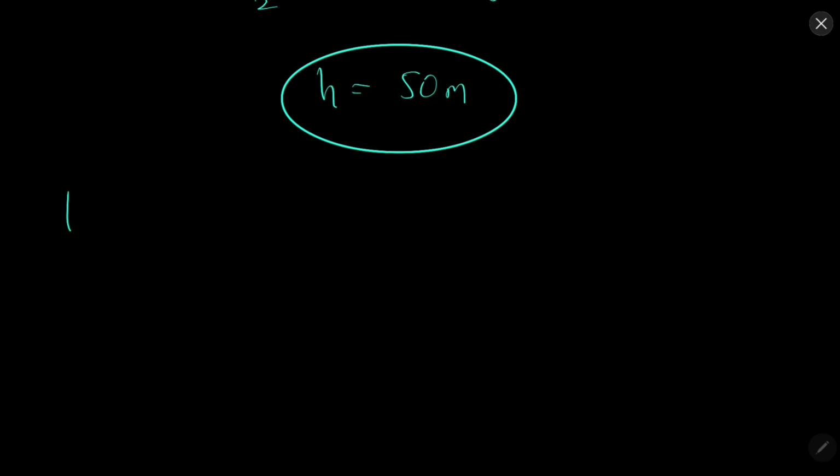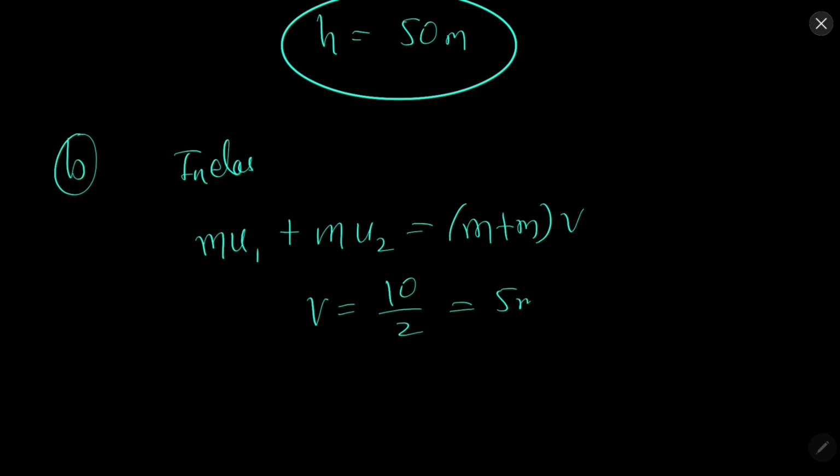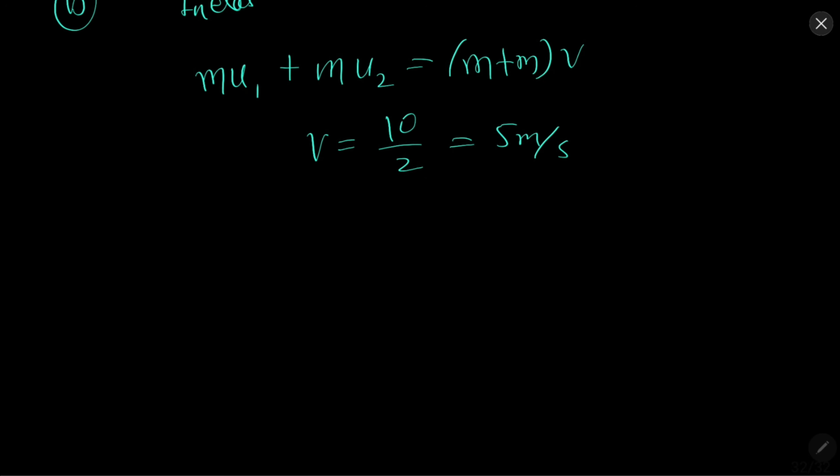Now if it is perfectly inelastic collision, in that case m1 u1 plus m2 u2 equal to m plus m into v, because they will combine, so velocity will be same. So from here v will be 10 by 2, that is 5 meters per second.